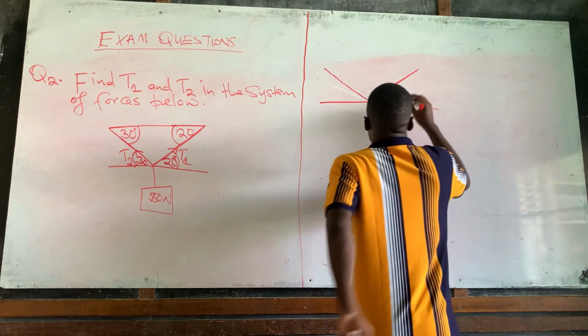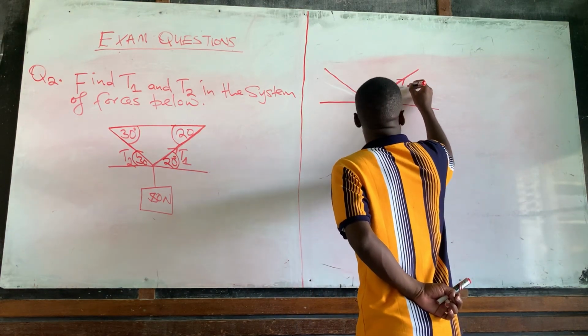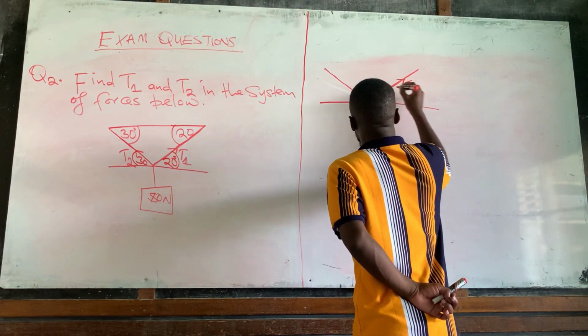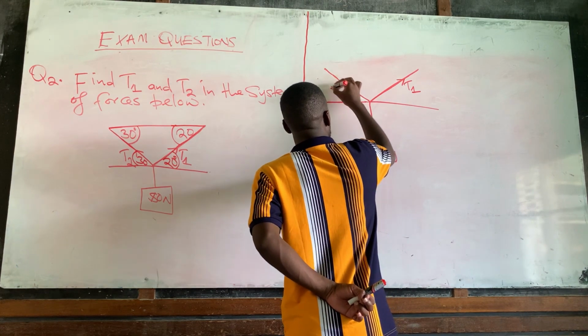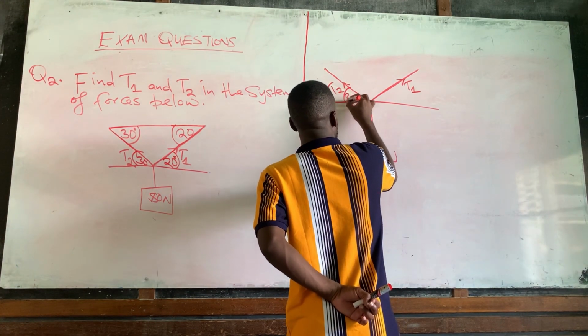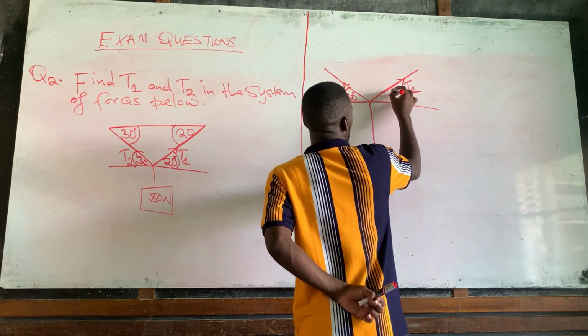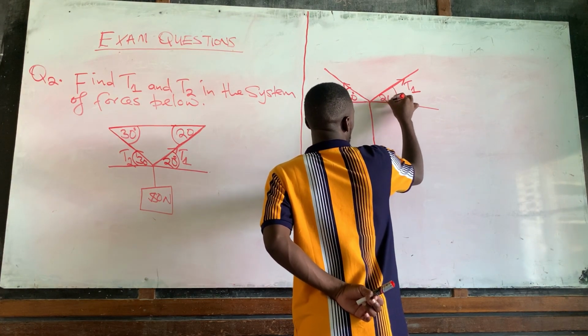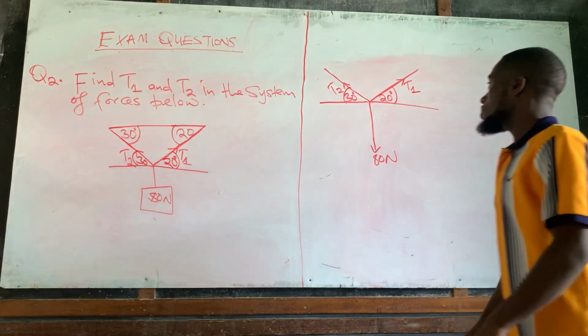Okay, so this one still will be T1, and this one here will be T2. So the angle there is 30, and the angle here will be 20. Okay, as simple as that.